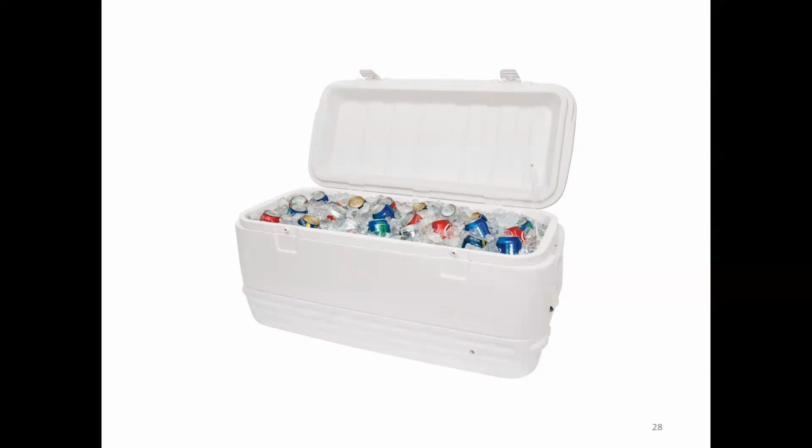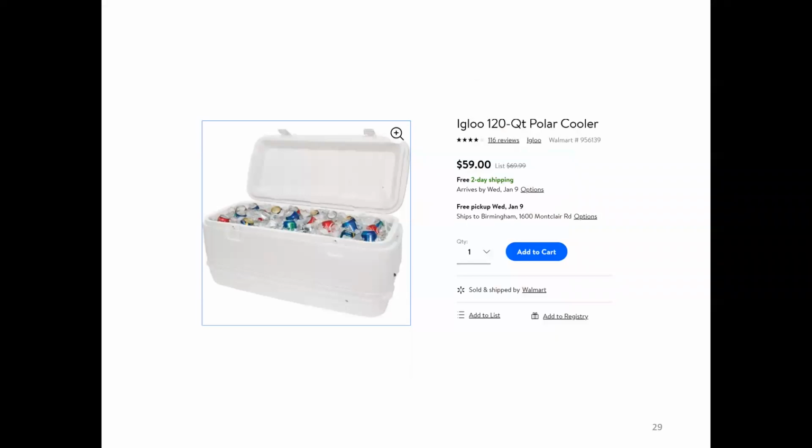And so they're selling cold drinks. When you want cold drinks, you can buy a 120 quart Polar cooler for $59 on Walmart.com. 59 bucks. And that's with free 2-day shipping. I don't know who's making money on that, but it's not Igloo, I would suspect.